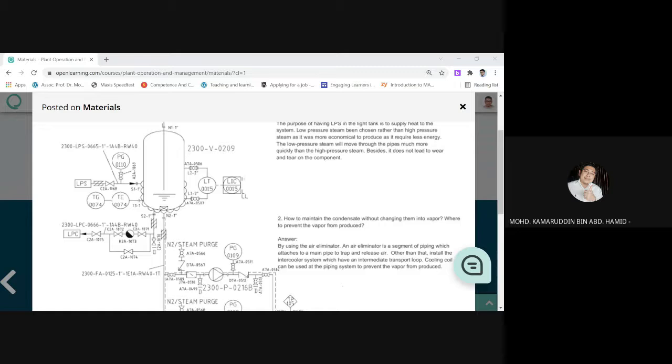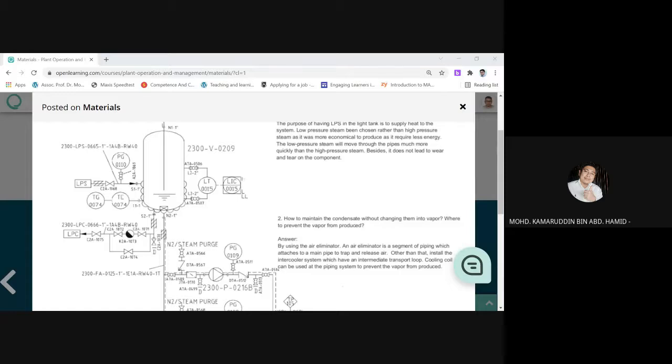Yes, you can release some gas, some vapor. That is if the gas is full. If the liquid is full, bypass. What do you bypass? Bypass the liquid. Alright.